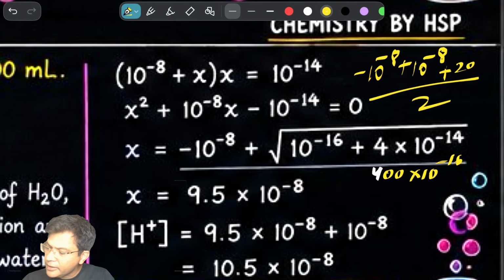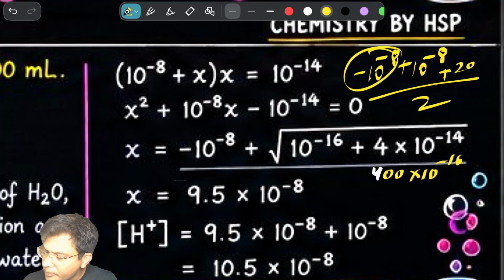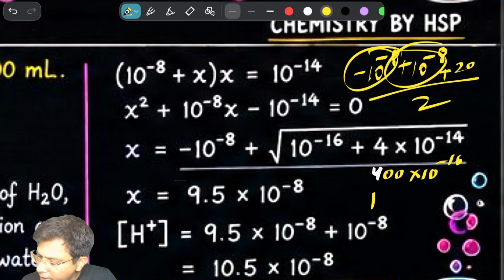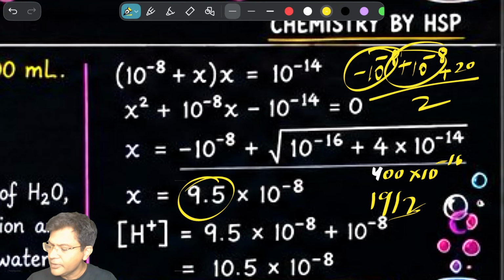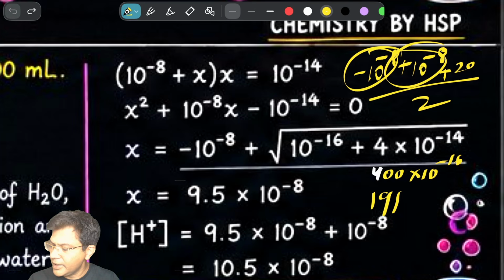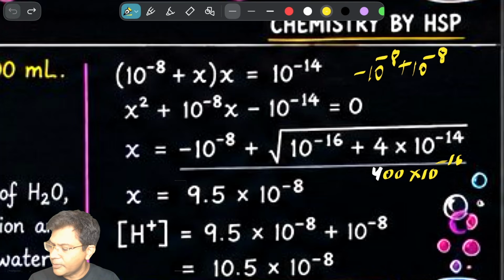Now, if you take this 10 raised to the power minus 16, so 10 to the power minus 8, and this is minus 1 and that plus 1, they will cancel out. So, 20 upon, and there was 1 here, it will be left. If you take it out, 10 to the power minus 8 times 1. So, 19 by 2 is 9.5. So, 9.5 into 10 to the power minus 8.